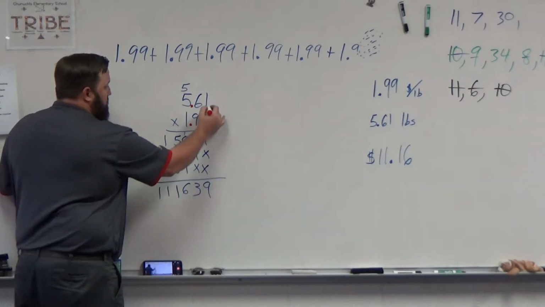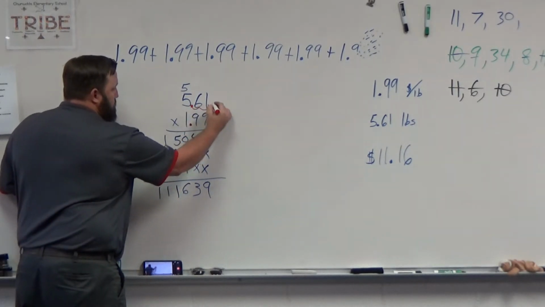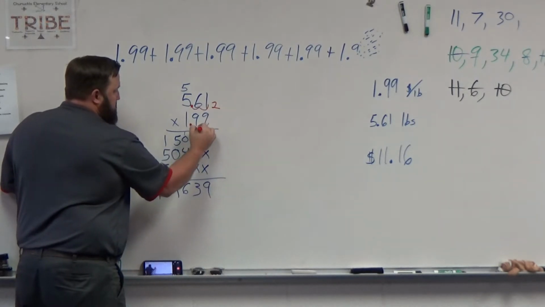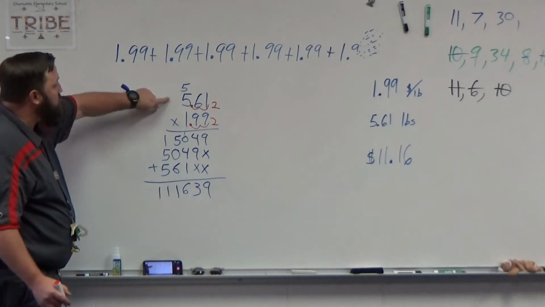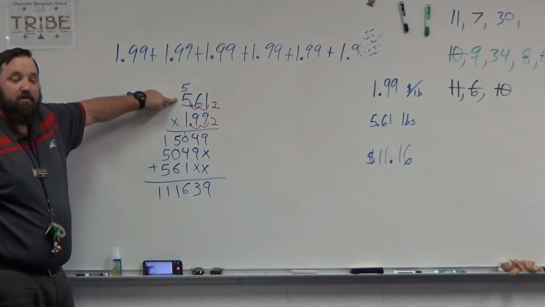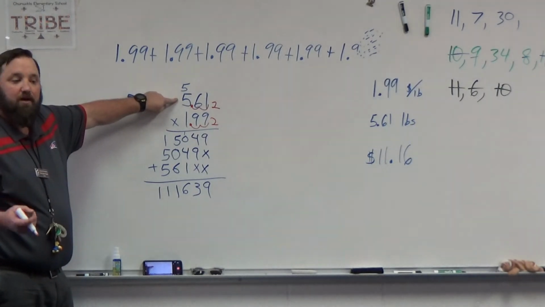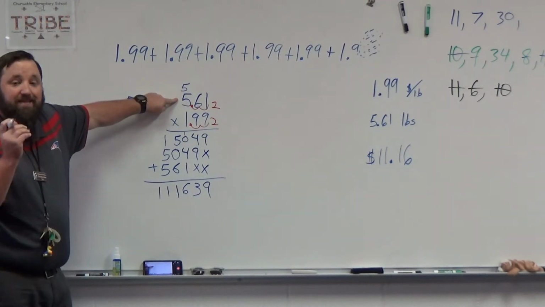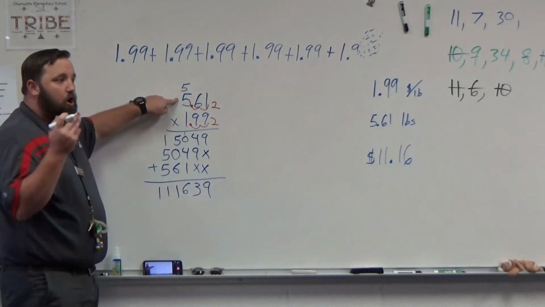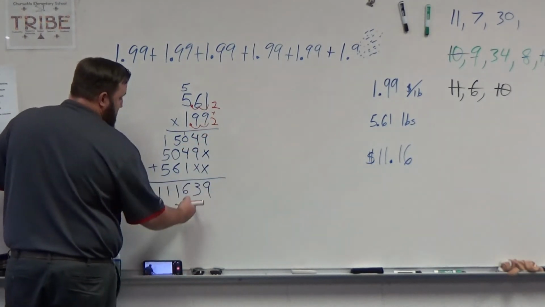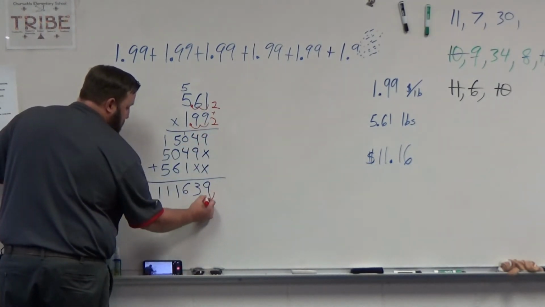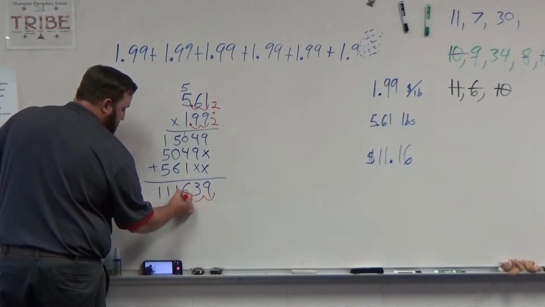So then I'm going to count: 1, 2, and 1, 2. A common error I see today: a lot of folks were only counting the decimals in one number. They were not counting the decimals in both numbers. You have to count all the decimals, folks. So, 2 plus 2 is 4. That means I need to move 4 places: 1, 2, 3, 4.